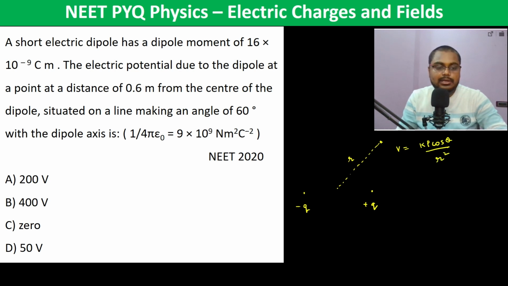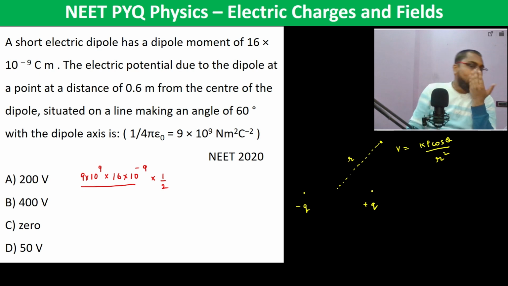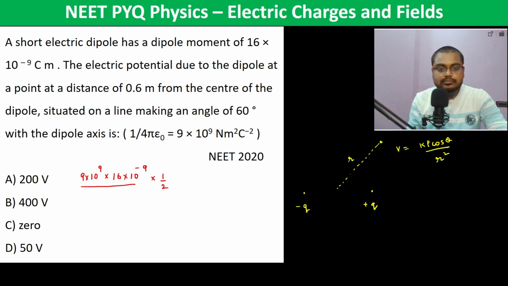Okay, now we have to do the entire thing. So now V is what we have to calculate. So k is 9 into 10 to the power 9 into p, that is 60 into 10 to the power minus 9, into cos 60, cos 60 is 1 by 2, divided by r square, at a distance 0.6 meter, so 0.6 into 0.6.